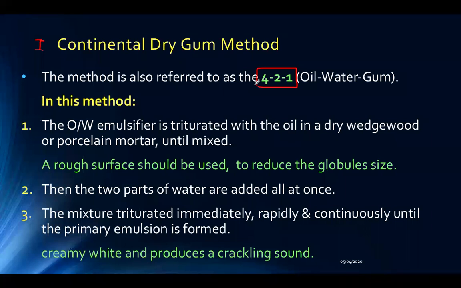It's the proportion of oil والووتر والجم، يعني 4 بارس اويل و2 ووتر وواحدة emulsifying agent. هون الجم بيعتبروه emulsifying agent. هلا الامالسيفاير ومرات بيقولوا له الامالسيفاينج ايجنت is triturated with the oil.